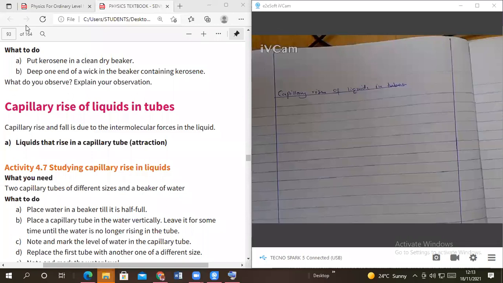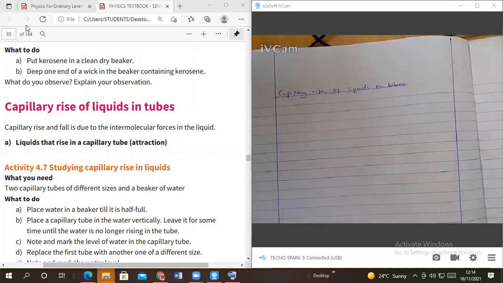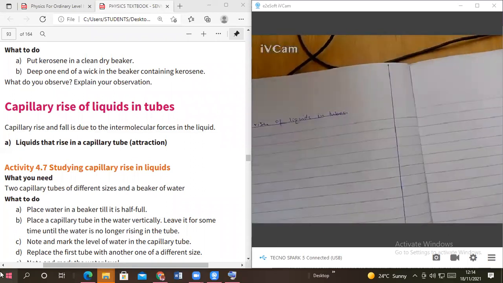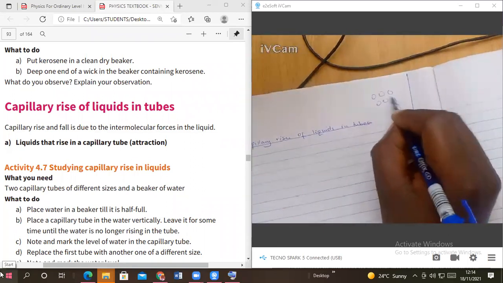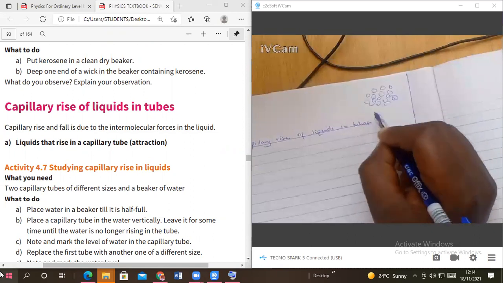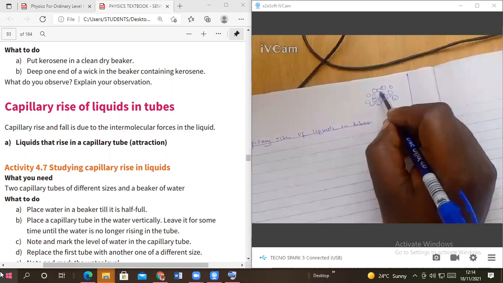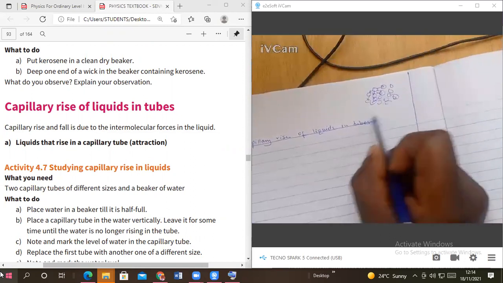I want you to understand this: if you have a liquid, a substance, and there are molecules within it, say only water molecules, then the intermolecular forces between these molecules are what we call the cohesion force.